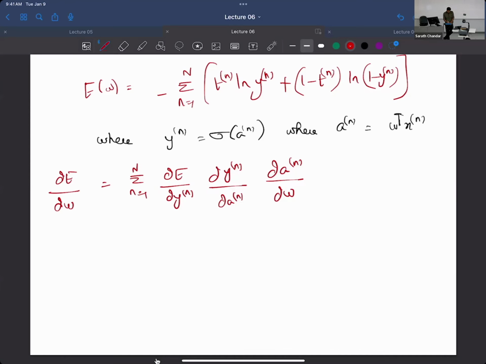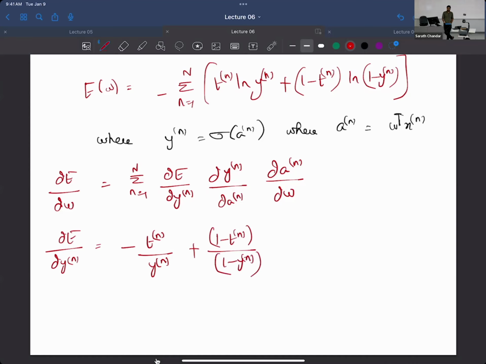So let's start with dou E by dou Yn. I'm going to do it for just one example instead of the whole summation. It's going to be minus Tn times, when you differentiate ln Yn, you get 1 by Yn, plus 1 minus Tn by 1 minus Yn.